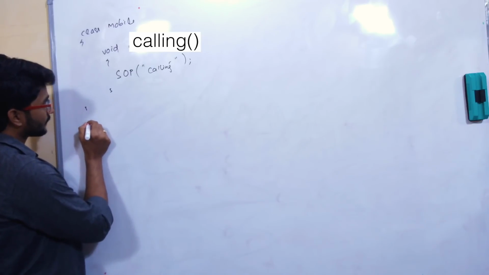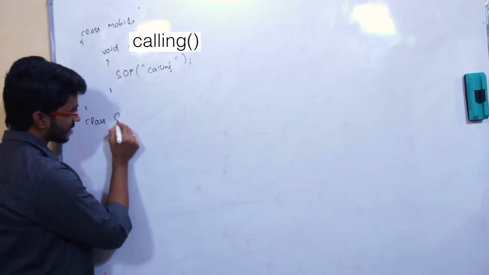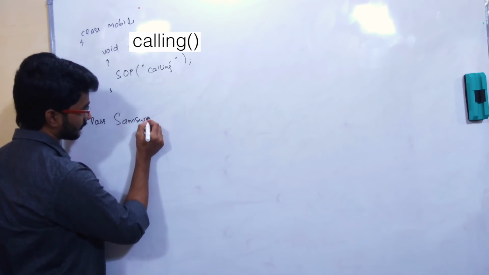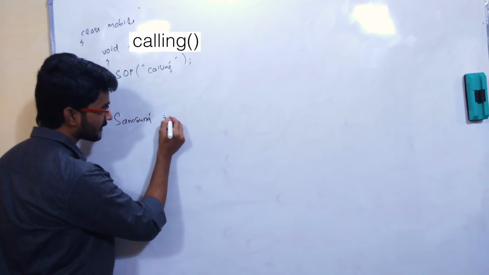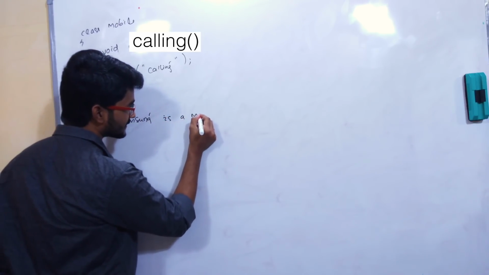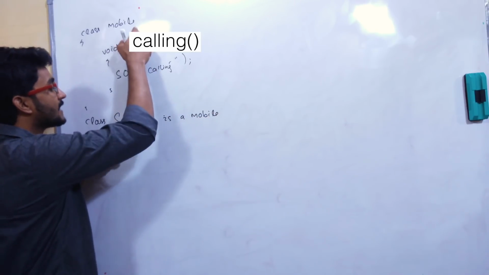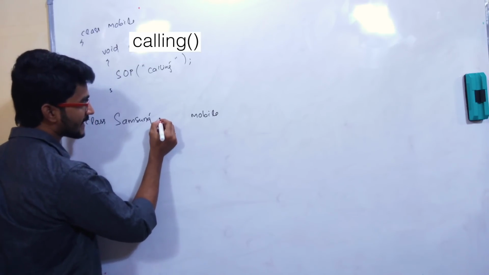Now let's say I have another class, and my class name is Samsung. This Samsung is a mobile, isn't it? So Samsung and Mobile have an is-a relationship, and this is-a relationship is called inheritance.